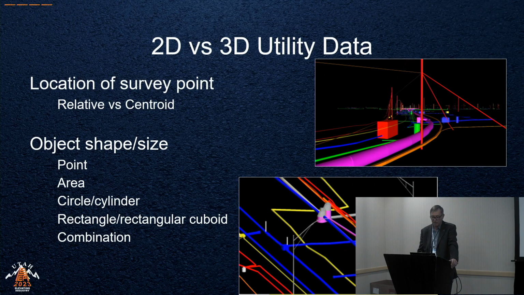If it's a circular pipe, for example, it's the center of that circle. If you have an asymmetrical shape, you could use a combination of symmetrical objects to define that, or you can use the shape that would approximate the maximum space that's used by that particular device.